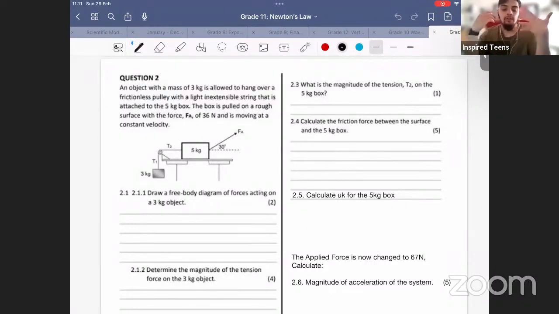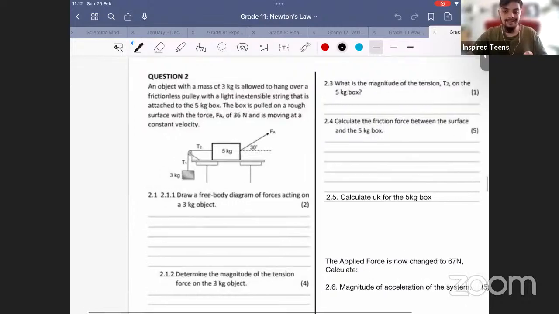And then for those who have not started electrostatics, what are you guys currently busy with? Okay, cool. Makes sense. Perfect. Okay, so let's look at this question.